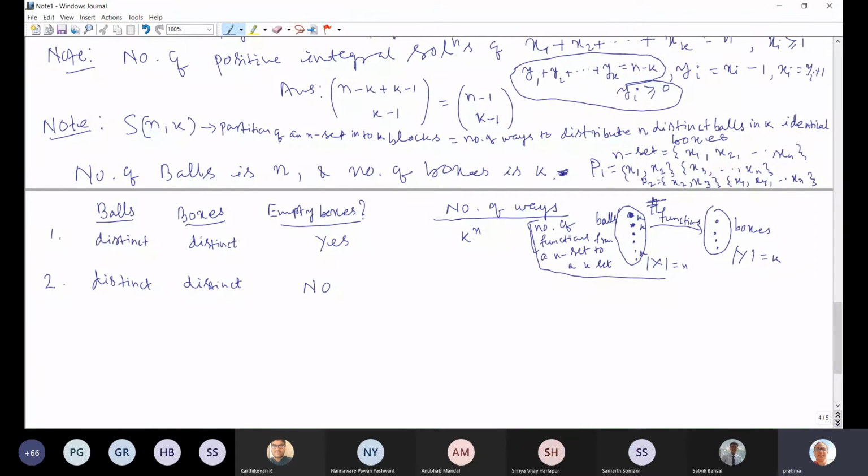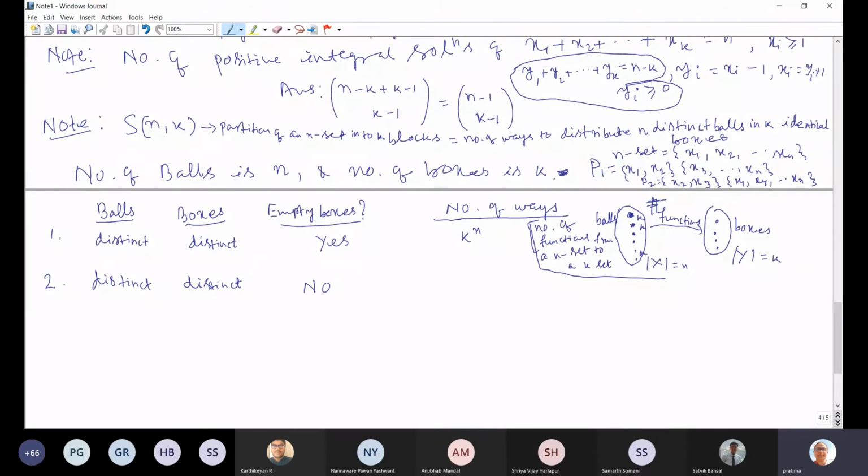So we are considering those boxes as not distinguishing that box number 1 will contain 2 elements, box number 2 will contain n minus 2 elements.